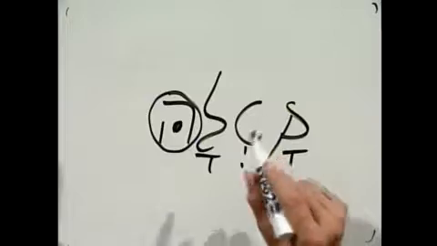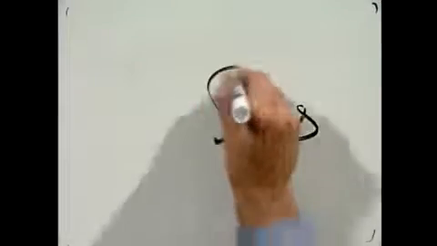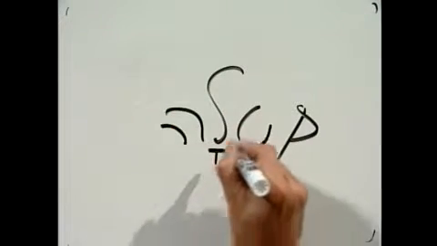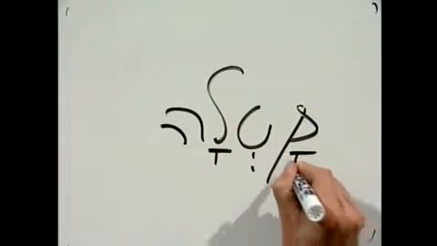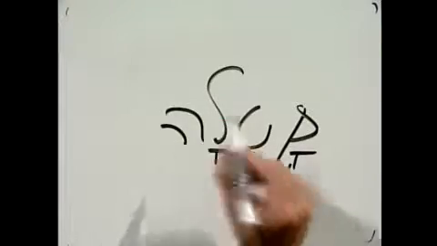Now I have a footnote on 7, and it talks about that this makes this what we call a real hey, as opposed to what you often see with the hey at the end of the word, like again this example here. This hey here is actually a phony hey that is written there.